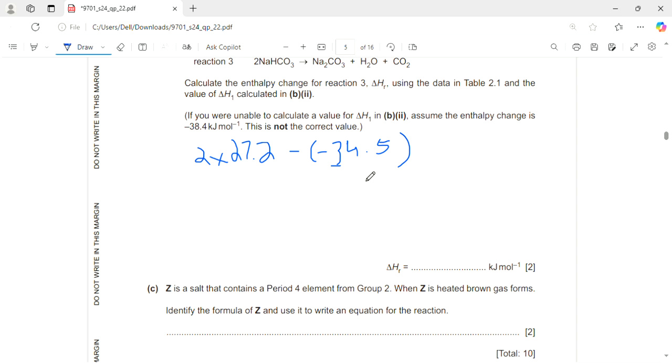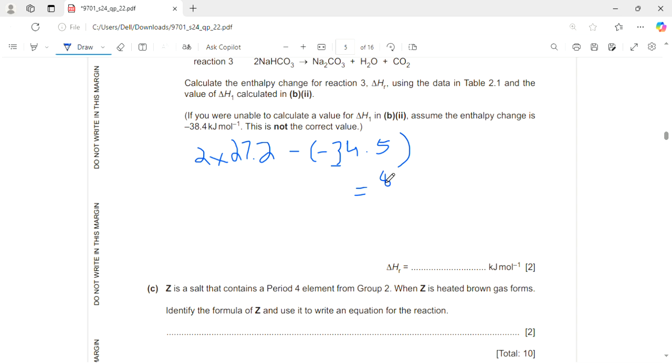If we write 2 multiplied by 27.2 minus minus 34.5, we have got 88.9.